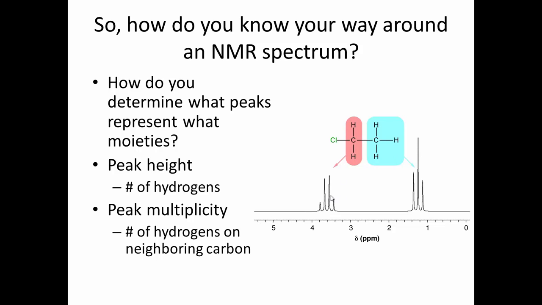Whereas the multiplicity, this peak is split into 3. 1, 2, 3, hydrogens plus 1. This neighbors this, so we can assume, because it's split the way it is, and because it's shorter than this peak, that this is chloroethane. And we'd have to know that there is a chlorine here beforehand, because this NMR is not going to give us that information.